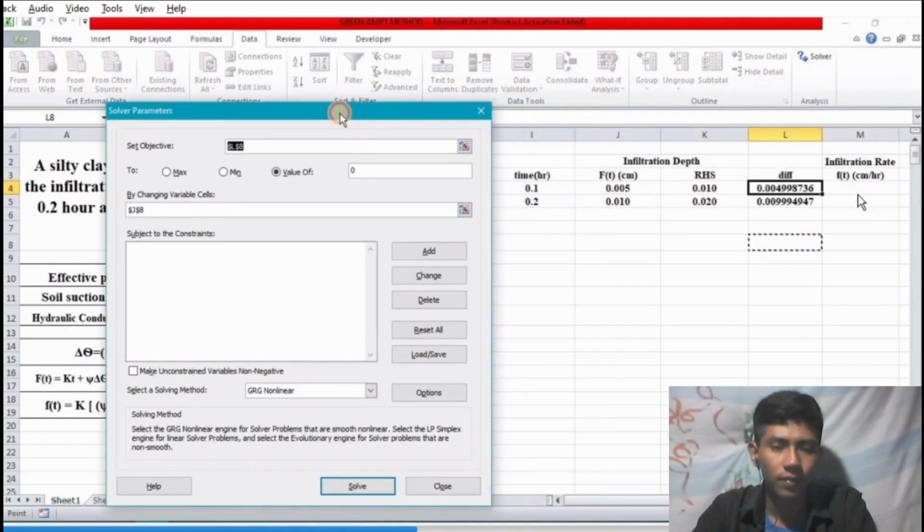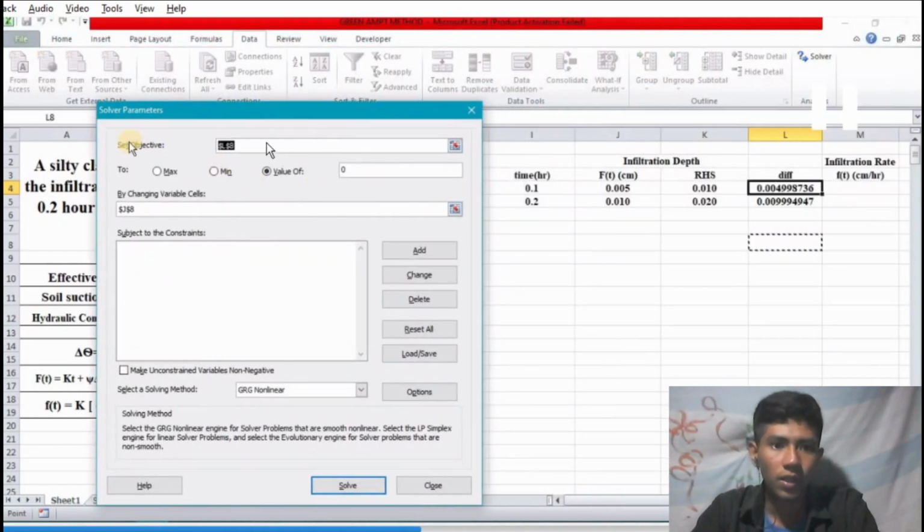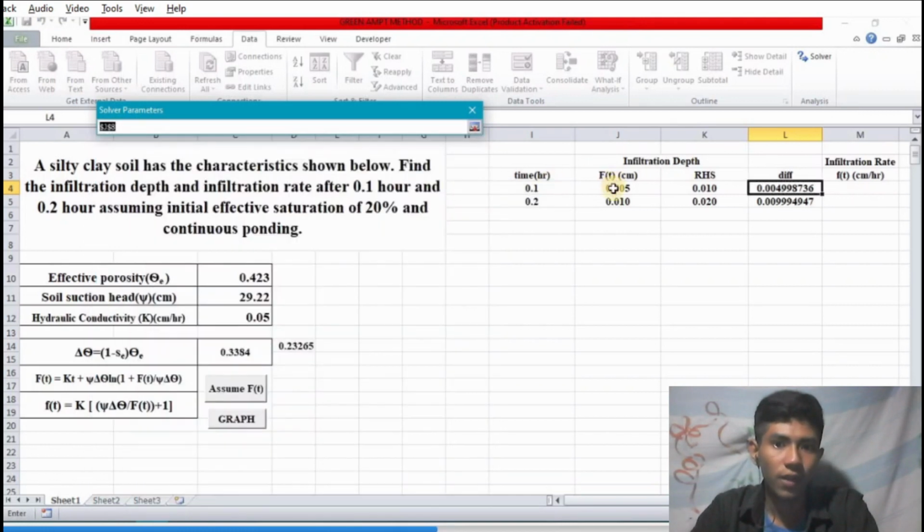Then in this part, we have to set the cell to a value. This cell should have a value of 0 by changing the value of this guessed value.